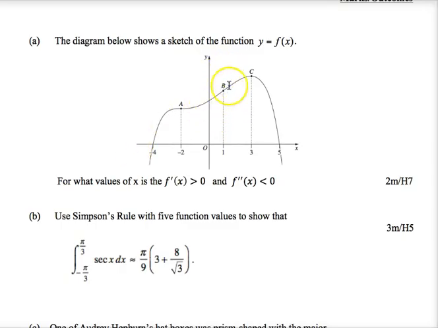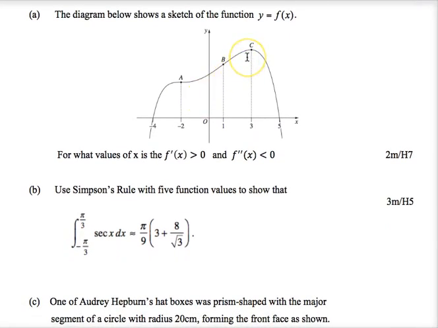I'm also getting that the gradient is positive between the values of negative 2 and positive 3. Actually it's not x less than negative 4, it's x less than negative 2. I'm totally wrong.